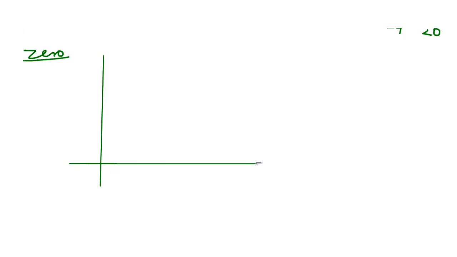So let me quickly explain zero slope. When you have a graph like this, and the points you plotted are in a straight line like this, this will produce your slope, which is change in y over change in x, equal to 0.